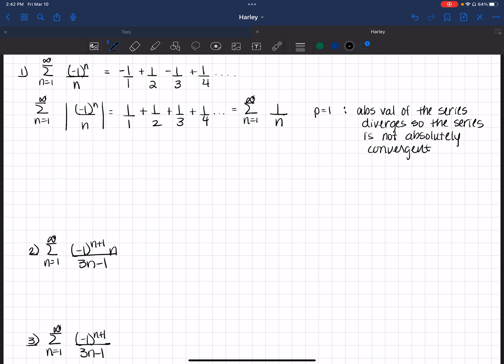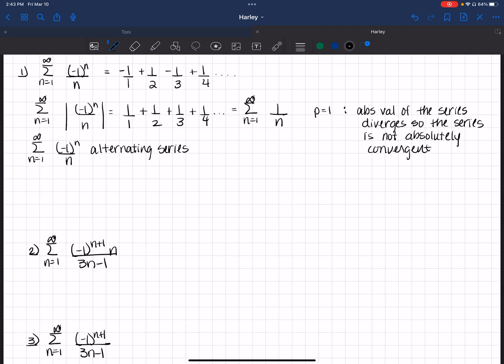Okay, so if we're looking at if it's conditionally convergent, I need to determine if the series itself is convergent. Okay, so I'm back to looking at the summation of n equals 1 to infinity of (-1)^n all over n. Okay, it is an alternating series, so there are 2 criteria that need to be met.